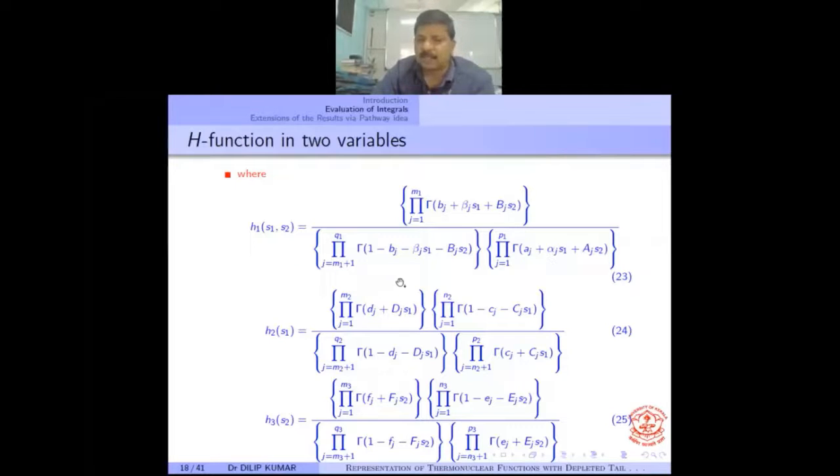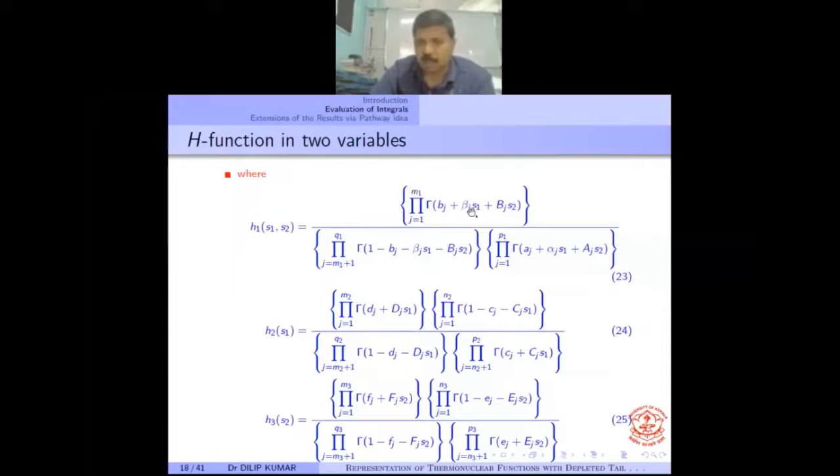Okay. So now in this function, this part, we have m2. M2 is the number of positive gammas in the numerator plus the number of negative gammas in the denominator, and n2 is the number of negative gammas in the numerator plus the number of positive gammas in the denominator. Okay, sorry, I am talking about p1 and q1, and here q2 and p2, not the m1.